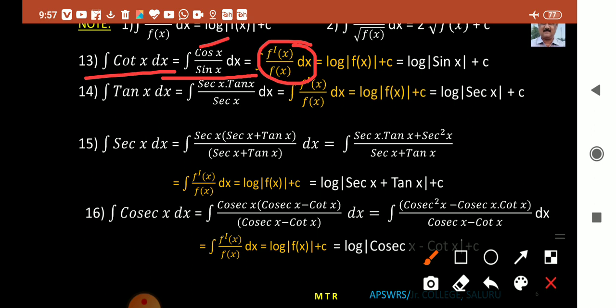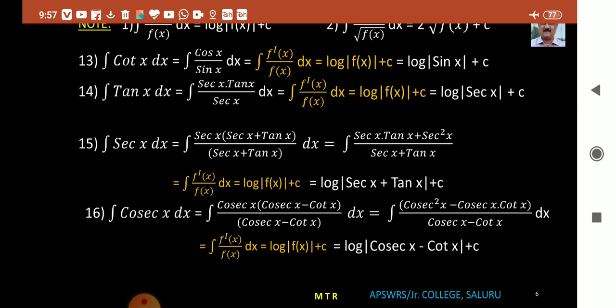So the formula is log modulus f of x plus c. That means log modulus f of x means log modulus denominator. What is the denominator? Sin x is the denominator. So the integral is log modulus sin x plus c.